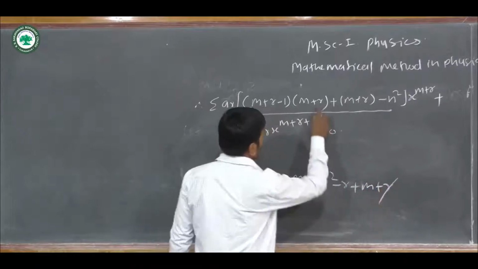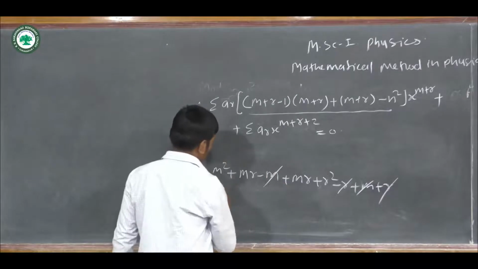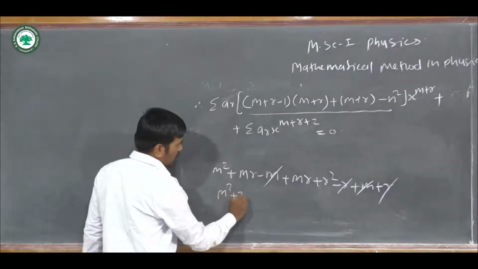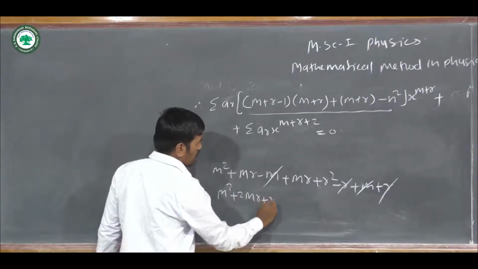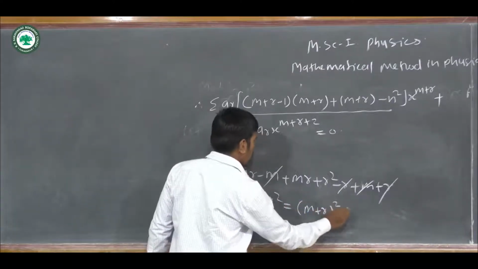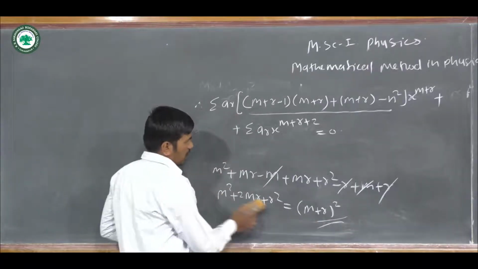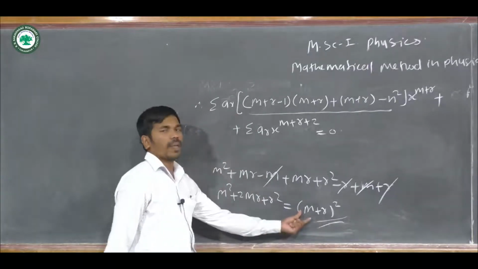So these things will be cancelled, m and m. So here we have m squared plus 2mr plus r squared, and this we can write (m+r) bracket squared. Okay, so I just replace these things with the (m+r) bracket squared.